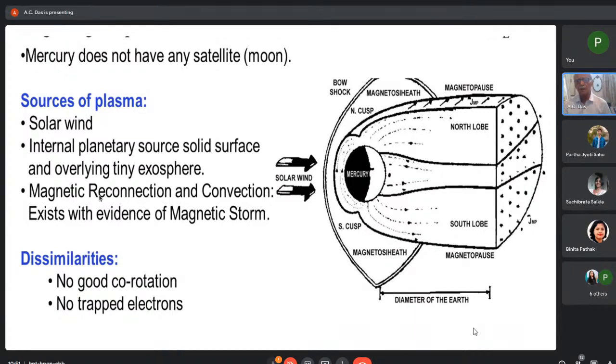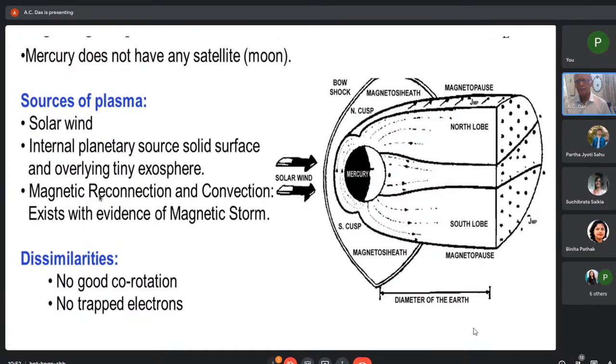Since it has a magnetic field with an orientation similar to that of the Earth, it will produce magnetic reconnection in the front, and as in the case of the Earth, the magnetic flux would be brought toward the tail side, and then there will be tail reconnection, and that would give rise to convection. And interestingly, both of these are observed by the satellite.